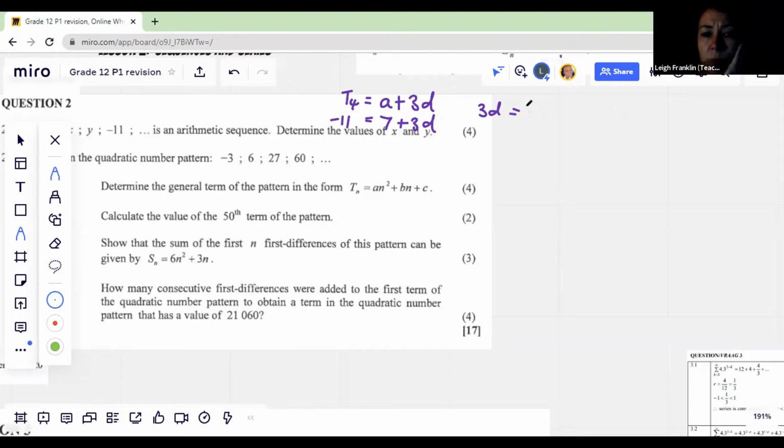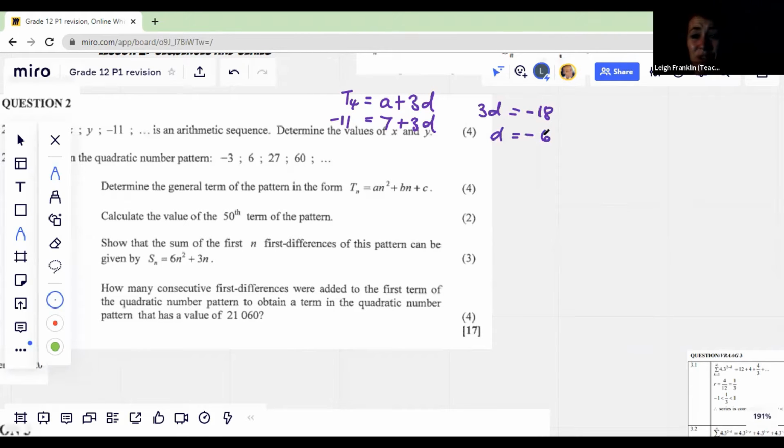Any ideas? Good, excellent. I agree. That's what I would get as well, because we end up with negative 18 over here. Good, Karen. Good job. So D would be equal to negative 6.